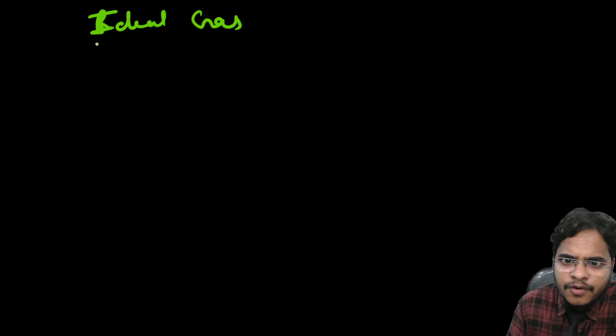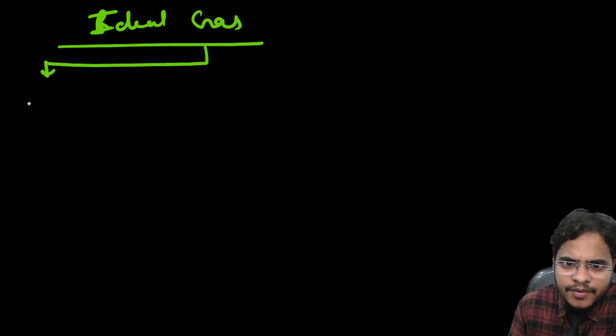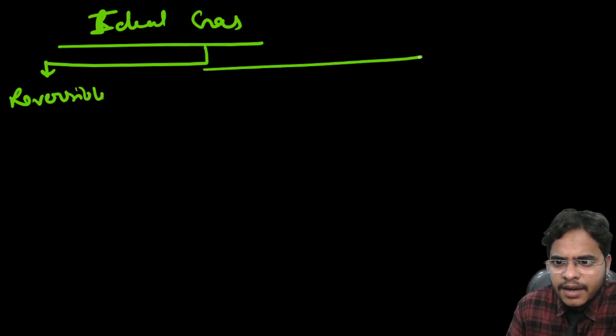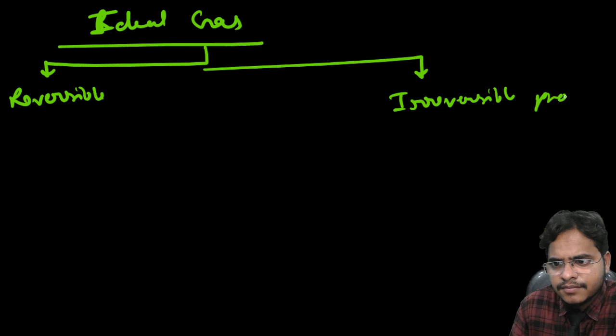So, for the ideal gas, we calculate work done for the reversible process, and we have the irreversible process.